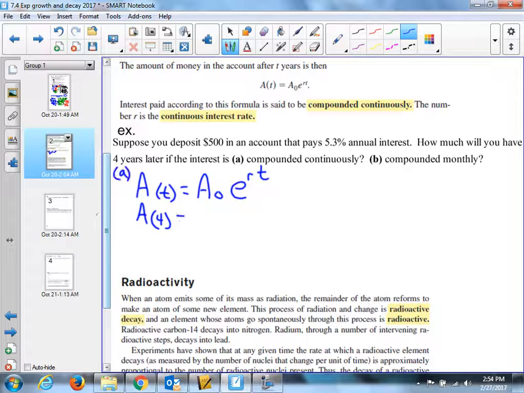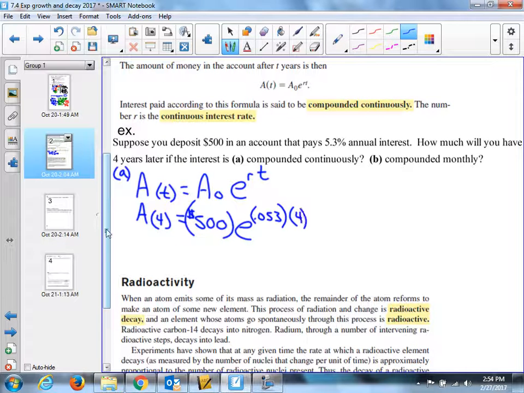So that's the continuous interest, it's $500 e to the, now the rate as a decimal is 0.053 divided by 100. And the time was 4, wasn't it? Yeah, it was 4 years.